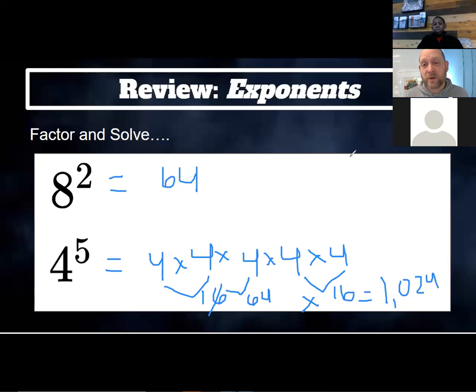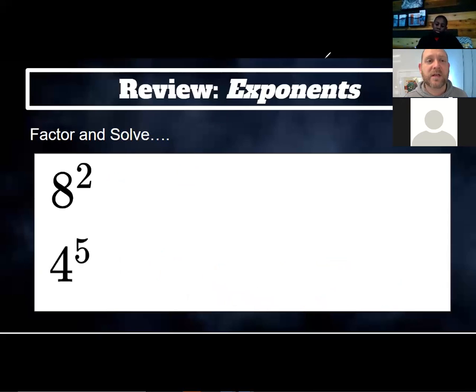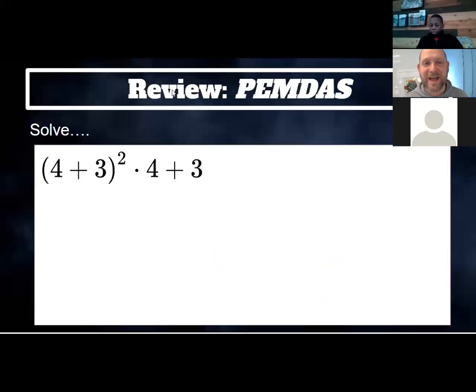If I can find 2 of them, I can group them, make 16, and then I know 4 times 16 is 64, and then do the 16 times 64. Any way you run that out, calculator or paper, find those tricks, because the more tricks you've got up your sleeve, the faster you can do the math. All right, so we seem pretty good on those lovely exponents. Just remember you're multiplying it by itself that number of times.